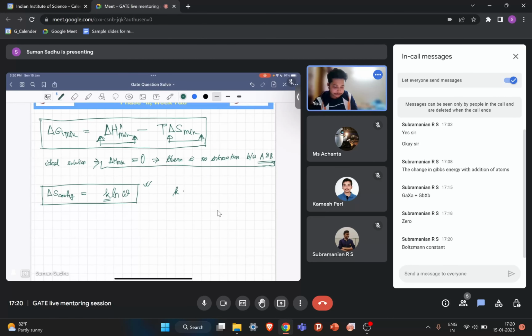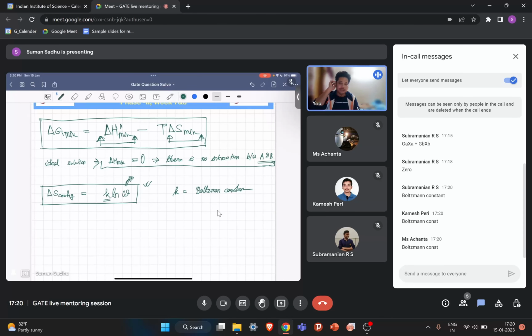Boltzmann constant. And omega is the number of ways in which you can arrange your atoms. So this is your omega.